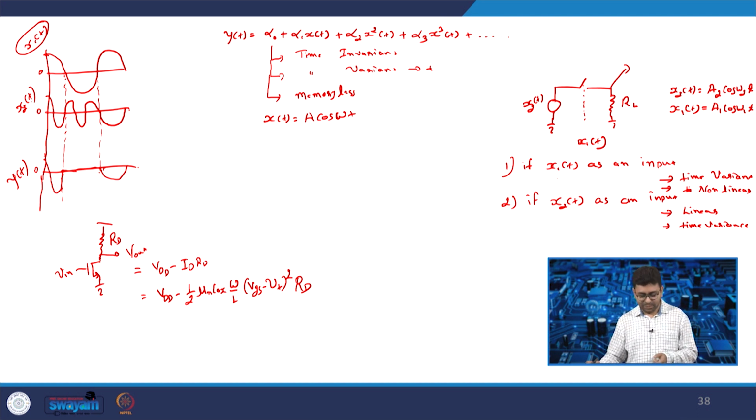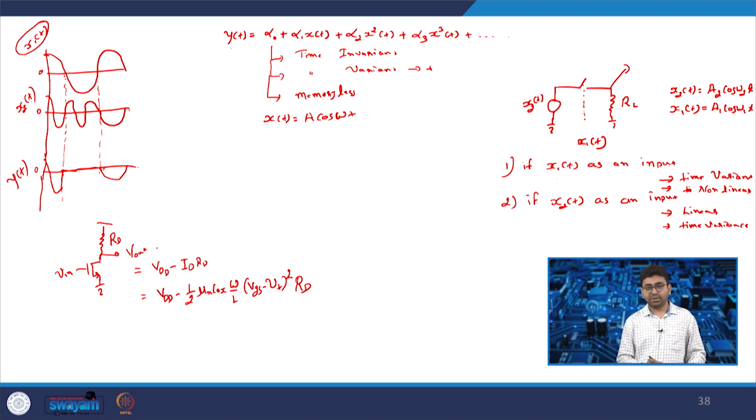equation of ID, and we can already observe that if you try to correlate this with y(t), VDD is nothing but alpha naught, and because of your VGS square, alpha 2 x square(t). So, this is how your y(t) looks.